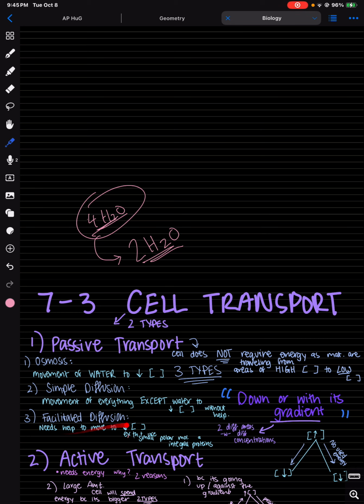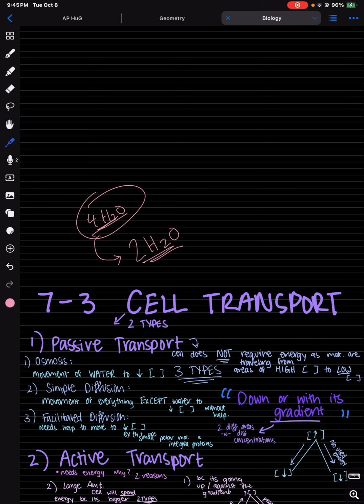This is facilitated diffusion. Osmosis can sometimes be facilitated diffusion, because aquaporin helps water move.